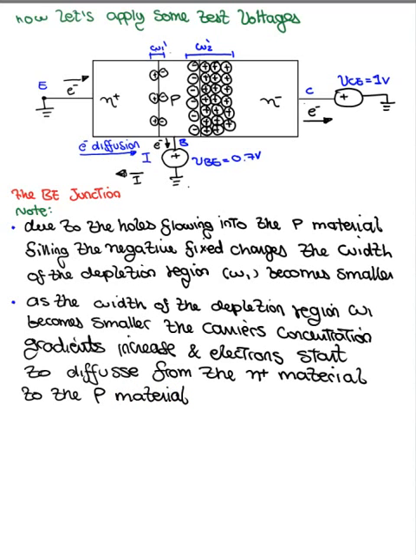Very simple. That just means that the PN junction from base to emitter is forward biased.